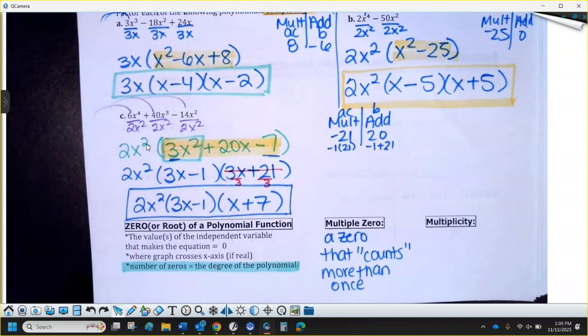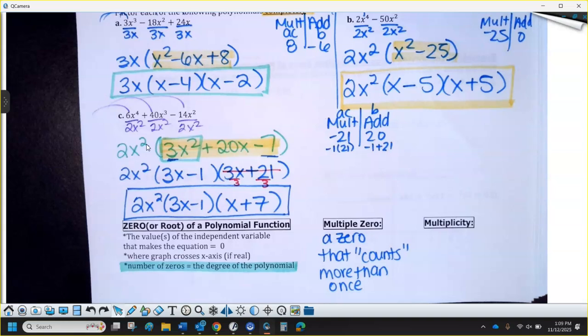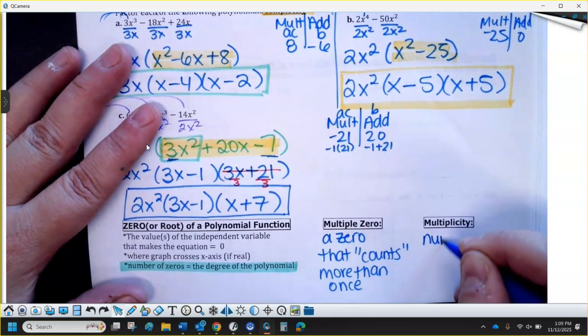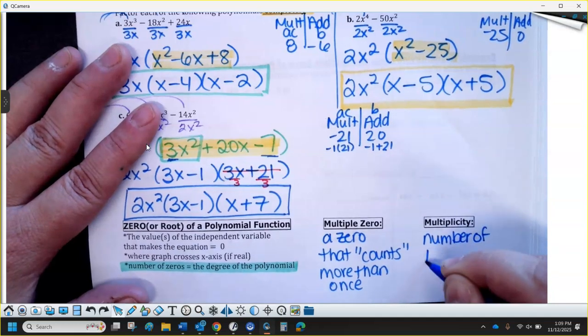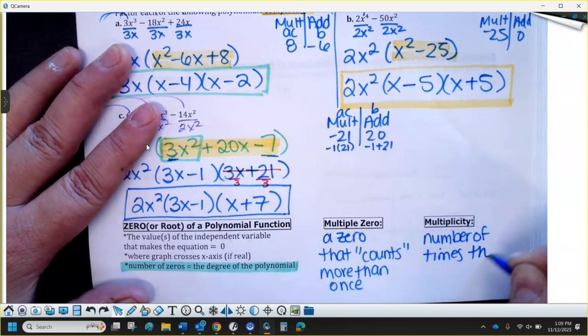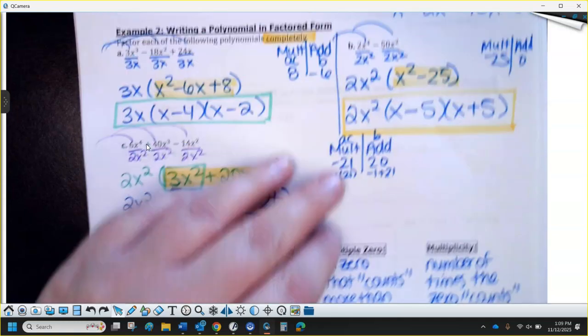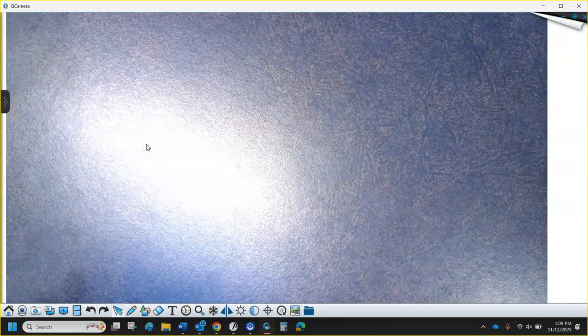So a zero might count in that degree more than once. Now, the multiplicity is just the number of times the zero, root, solution, or whatever you want to call it, counts. And I'm going to explain this to you like in 2 seconds on the back. It basically has to do with parentheses that have an exponent, that's all it is. It's not a big deal, and it'll match the exponent. So we're going to do that on the questions right after this.